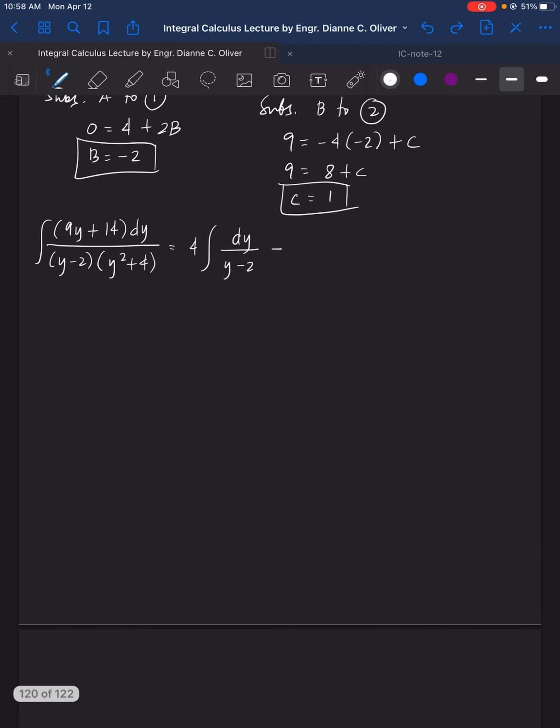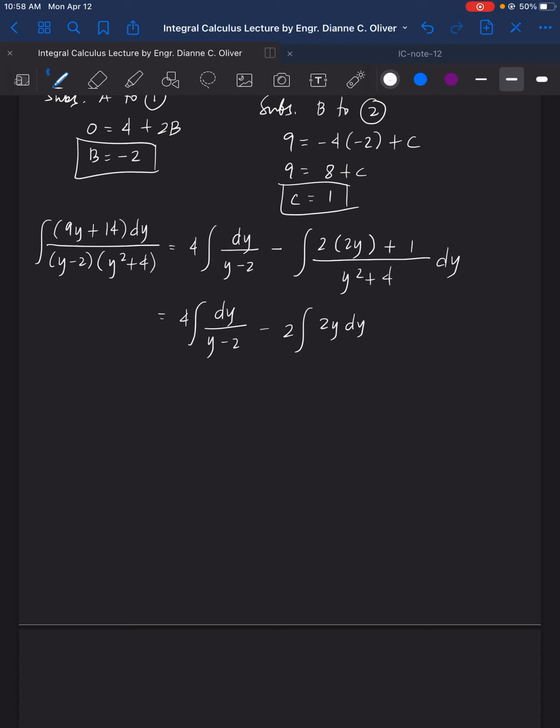Or so that we will not forget, okay, let's put it here. 2y plus C all over y² + 4 dy, 4 integral of dy over (y - 2) minus, this is 2y dy. So we will understand why I left 2 there.